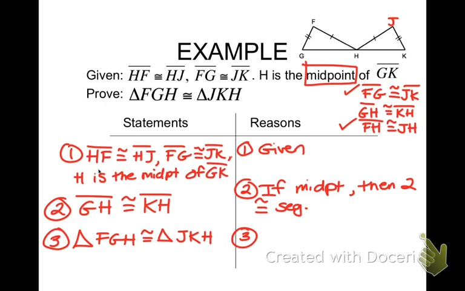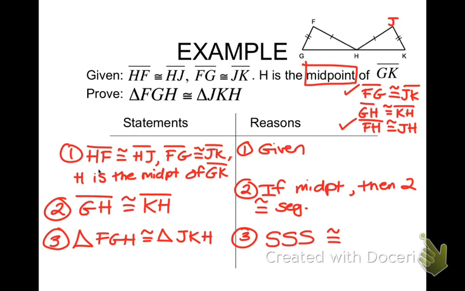Side, side, side. Because what does the side, side, side congruence postulate say? If you have 3 sets of congruent corresponding sides shown congruent, then it must be true that the triangles are congruent. So all I need to write over here is SSS, and you must attach the congruent symbol to it, because there is a different one when we get further.